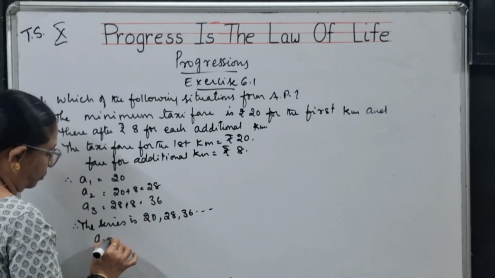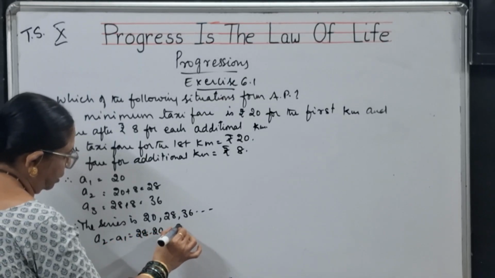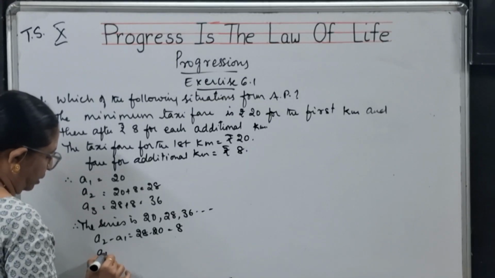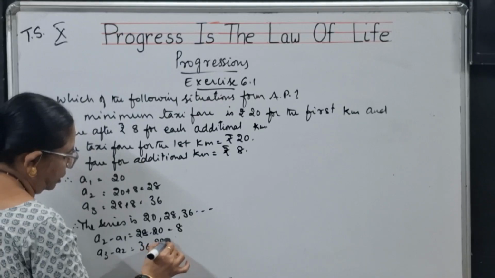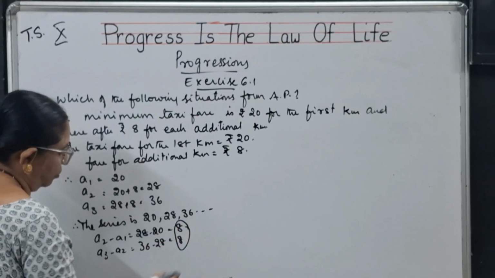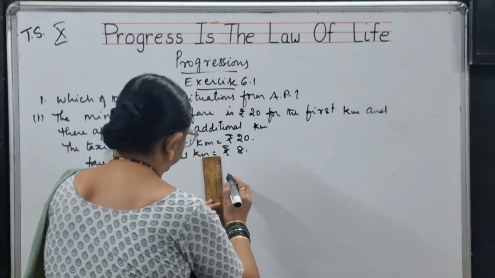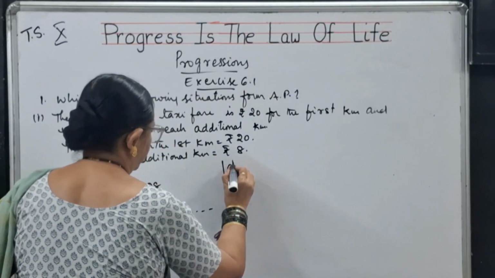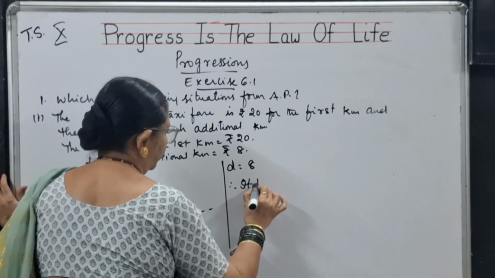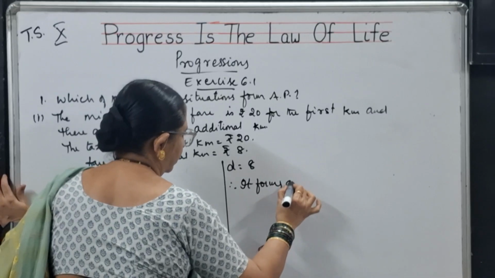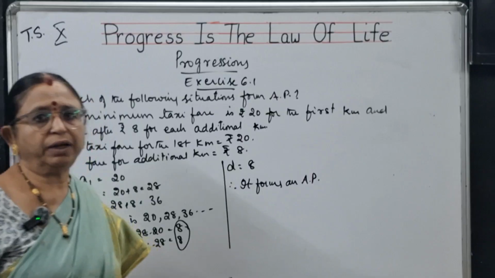So in this, a2 minus a1 is 28 minus 20, that is 8, and a3 minus a2 is 36 minus 28, that is 8. So you have got a common difference. So d is equal to 8. Therefore, it forms an AP. So this situation forms an AP, children.